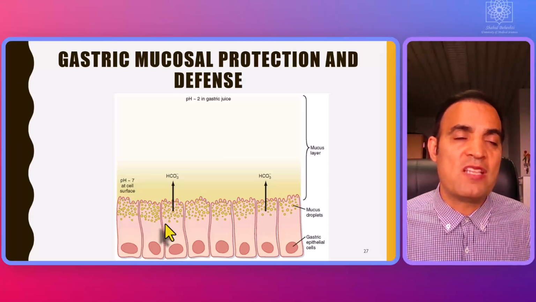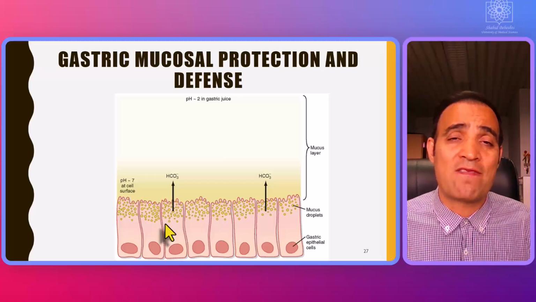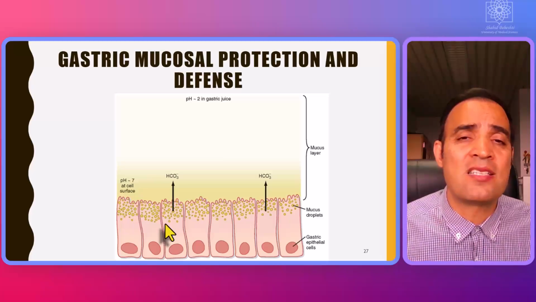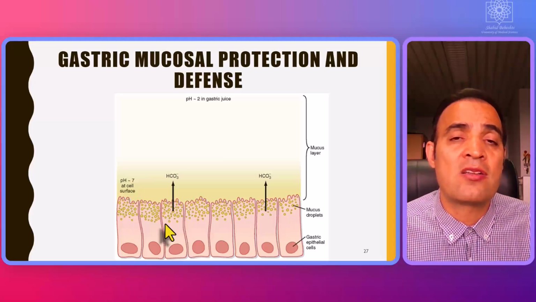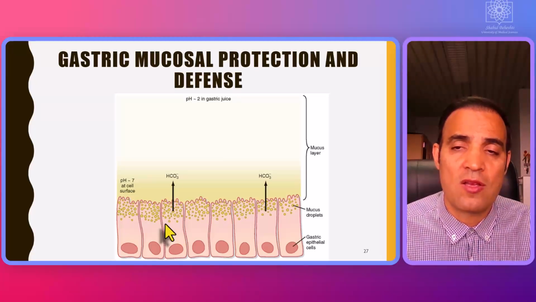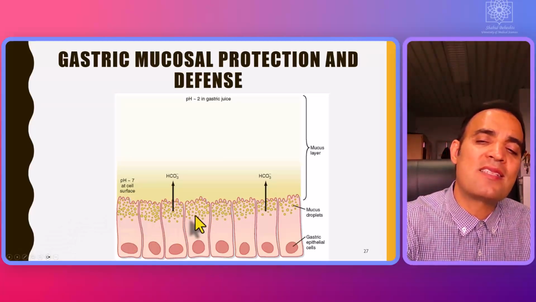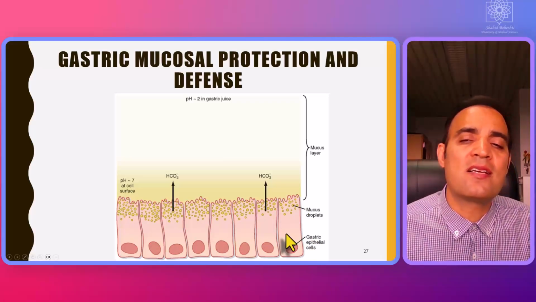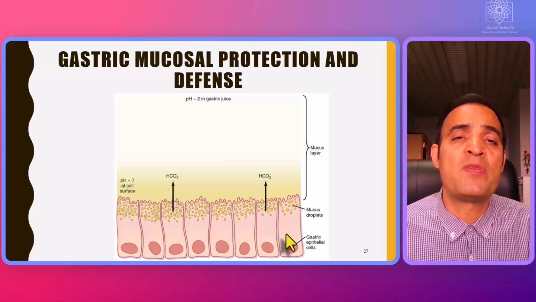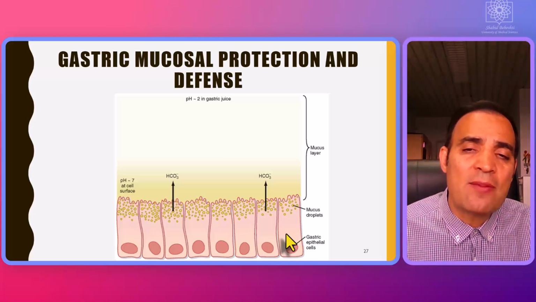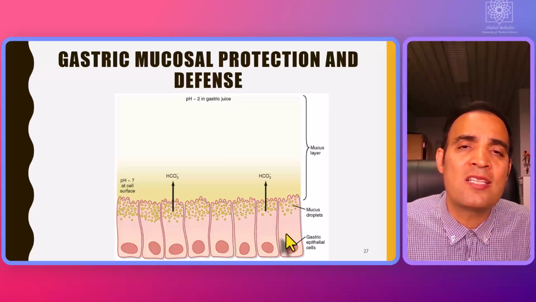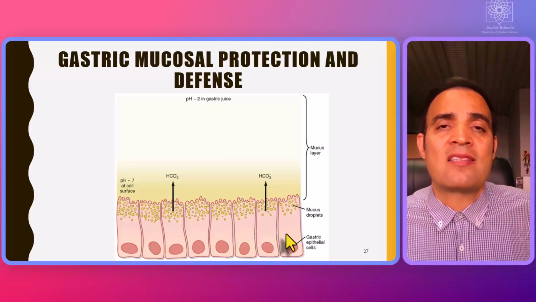I told you that inside the stomach we have very high acidity, and the pH can reach 2. That is extremely dangerous. But as you see, the mucous layer cells release a very heavy amount of bicarbonate, which forms a mucous layer that protects against the acid content of the lumen.